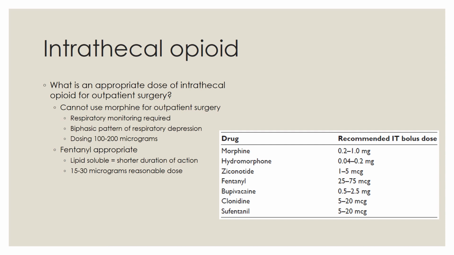Fentanyl would be a more appropriate choice for outpatient surgery. It's a lipid-soluble drug, which means that it has a shorter duration of action and more systemic absorption, and a reasonable dose for intrathecal fentanyl is somewhere between 15 to 30 micrograms, or 25 to 75 if you're looking at this table.